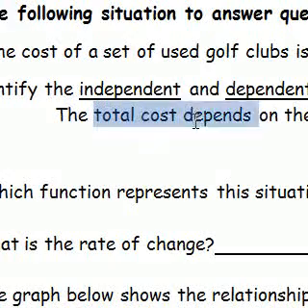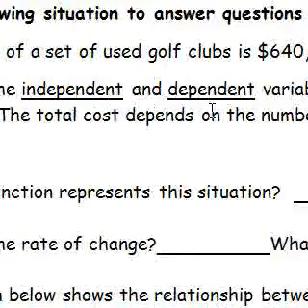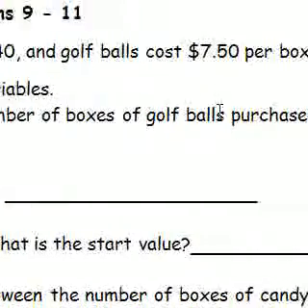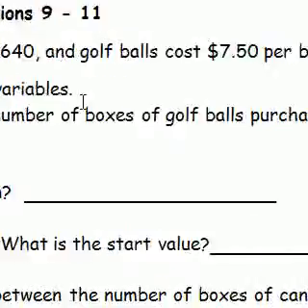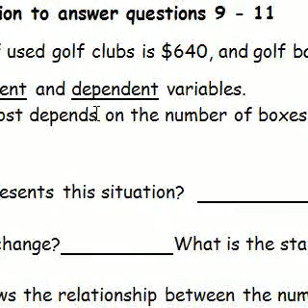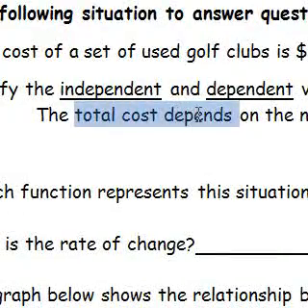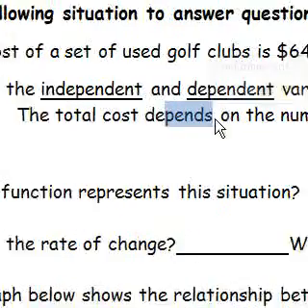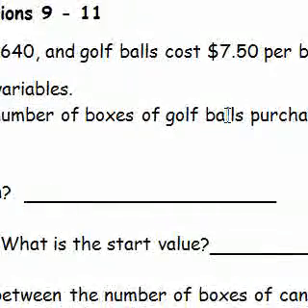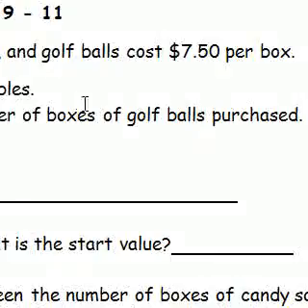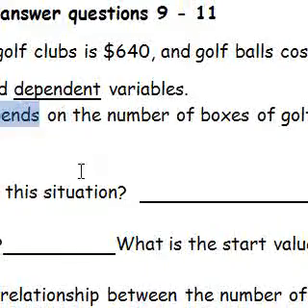And so total cost is dependent. On what? It's dependent on the number of golf balls purchased. Therefore, the total cost is the dependent variable, because total cost is depending on the number of boxes of golf balls purchased. So the number of boxes is independent.